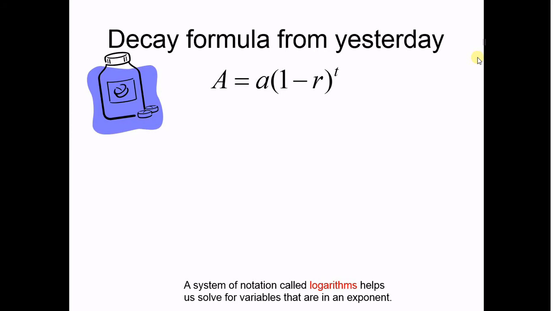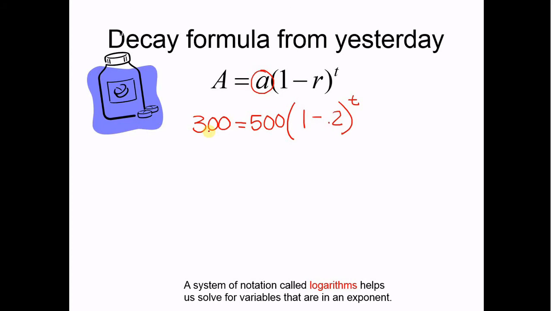So let's think about the decay formula that we've used recently. Originally, we know that our victim took 500 milligrams, right? The rate was 30, or 20%, excuse me, so that'd be 0.2. We don't know how long since they took it, though, but we do know at the end of time, they had 300 milligrams left in their blood.